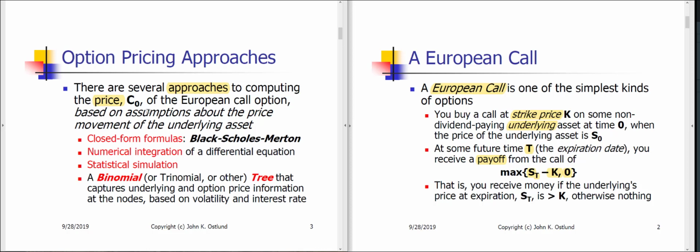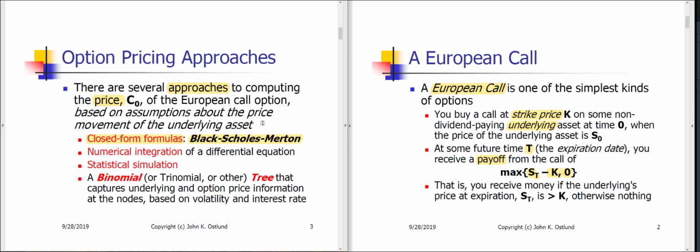If our assumptions about the behavior of the market and the behavior of the price of the underlying asset are reasonable, then ideally it would be great if we could find a closed-end formula for the call price, because that's very likely to be the quickest way of getting that value. And in fact, for a European call, the Black-Scholes-Merton pricing model does provide us with a closed-form formula.